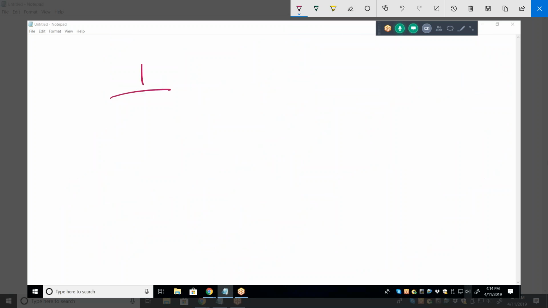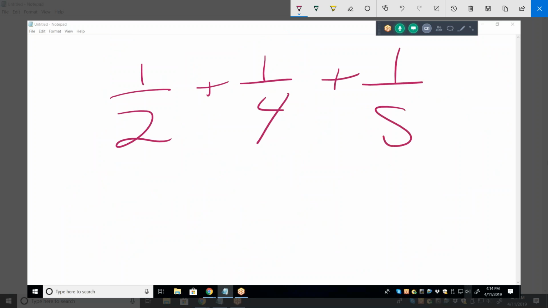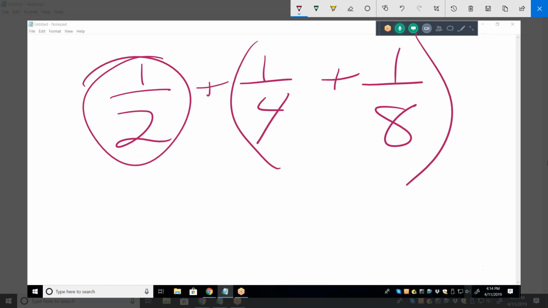If I write this sequence, the sum of those two terms is less than that. And in fact, the sum of all of the terms that follow 1/2 is just equal to 1/2, all the way out to infinity.